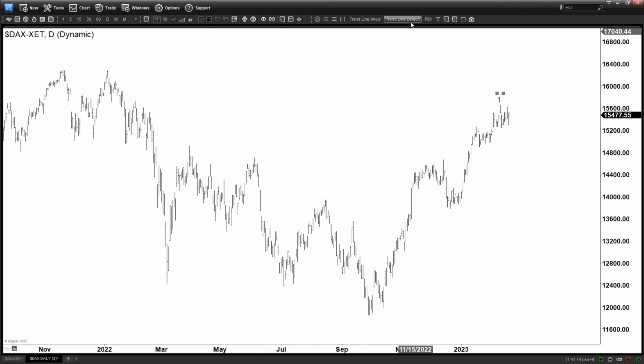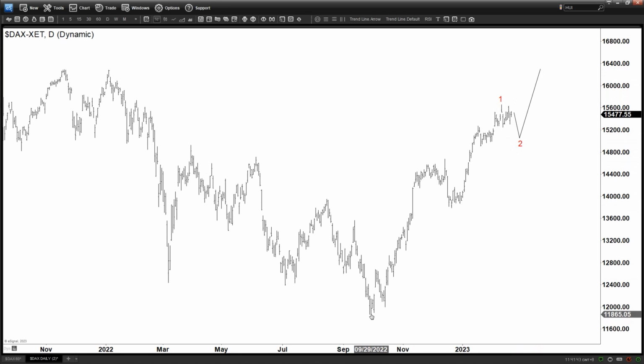So basically what we're doing now is we're doing wave 2, and then once wave 2 is finished, we can potentially go higher again. Now a couple of things first, you notice here that since we bottomed in September 2022, we continue to rally and make a higher high sequence, right?